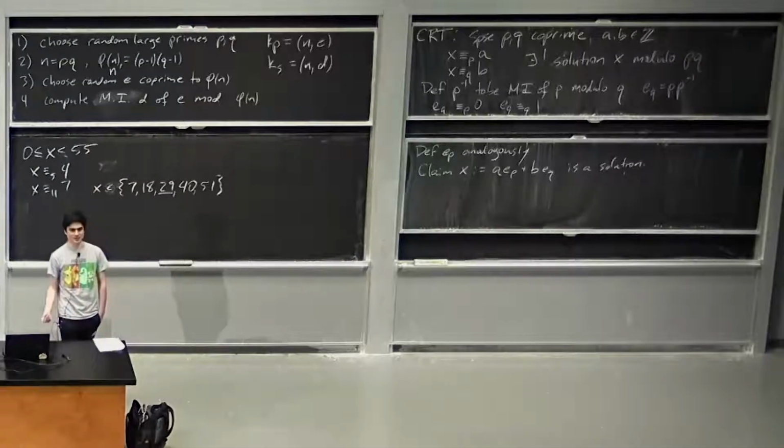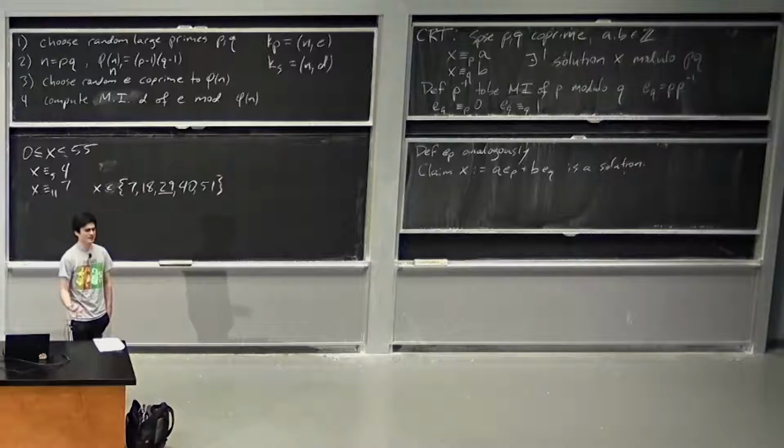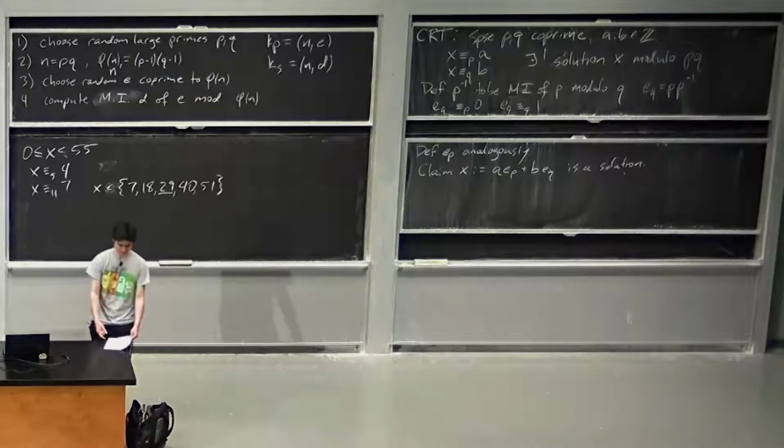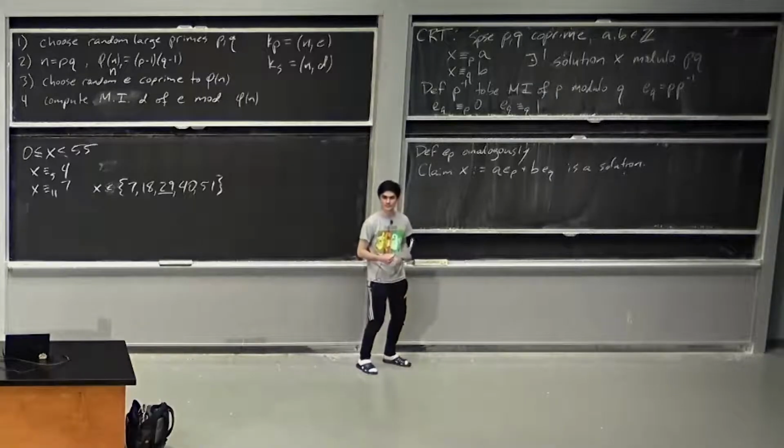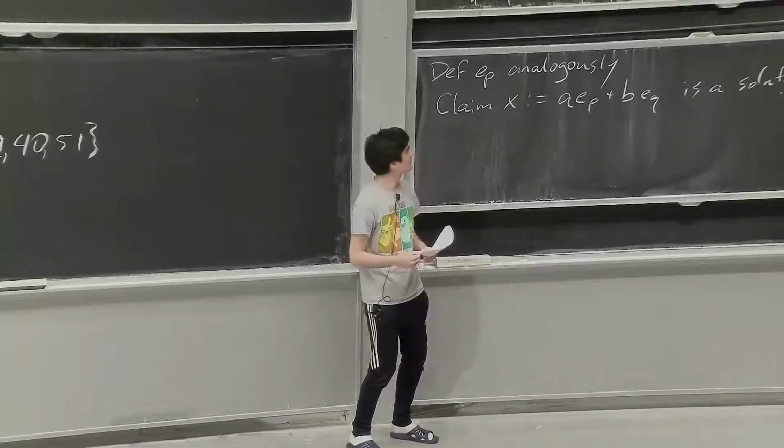B times EQ is going to be, sorry, B times EQ mod Q is going to be B.